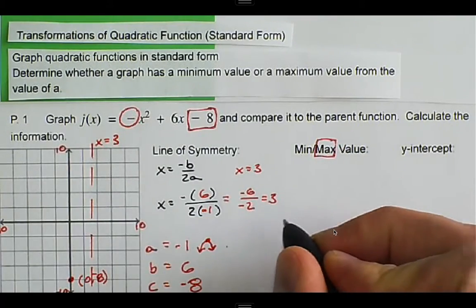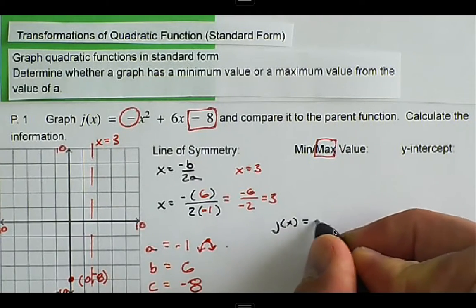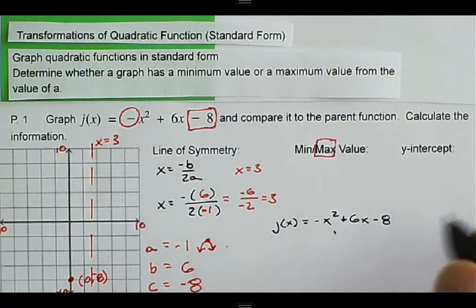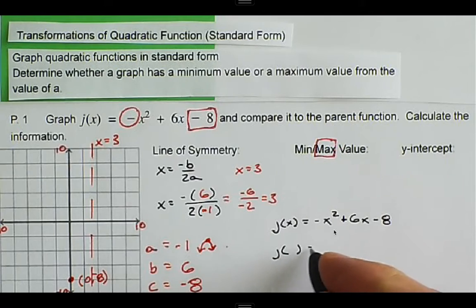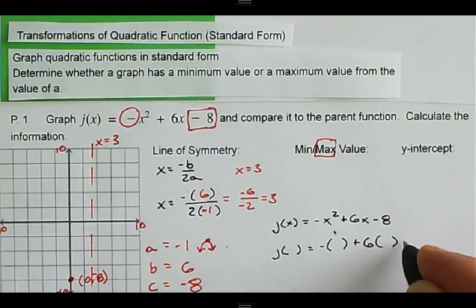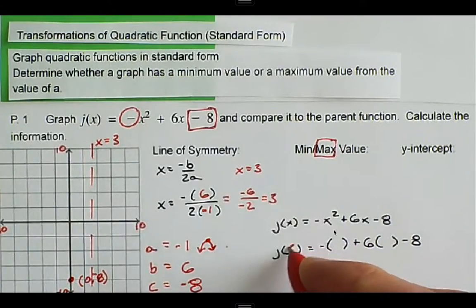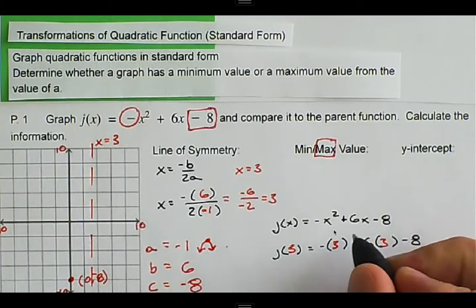So we have the function j of x equals -x squared plus 6x minus 8. I'm going to replace all the x values with x equals 3. So we'll put 3 in for all the x values. And I forgot my squared term again.